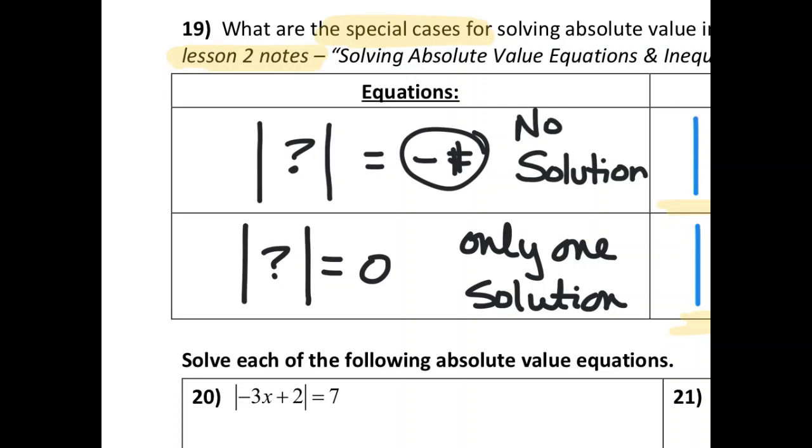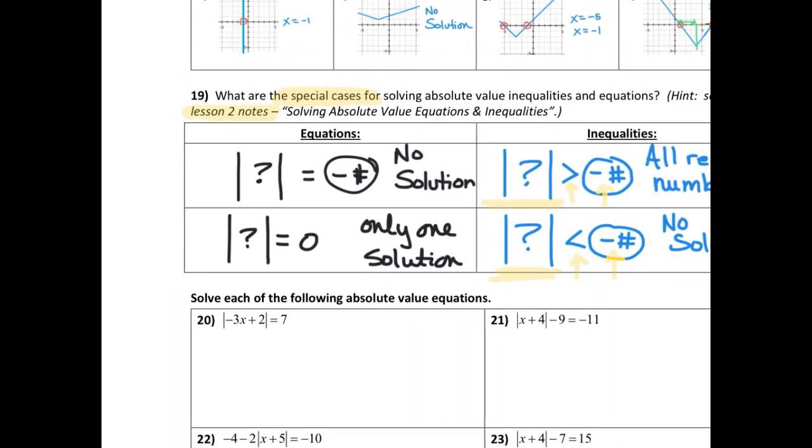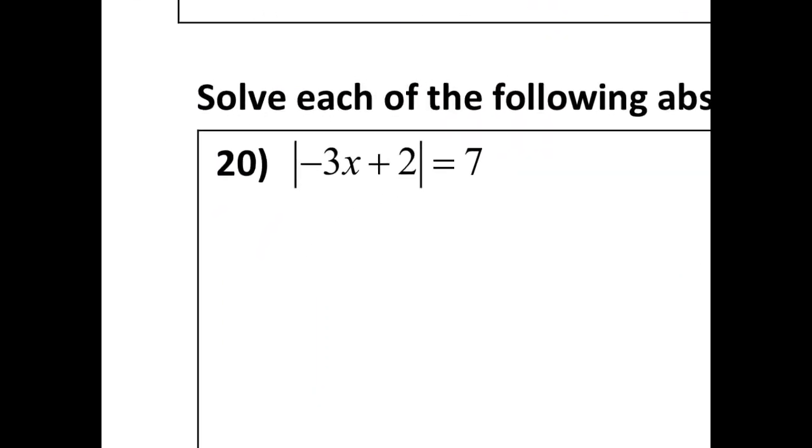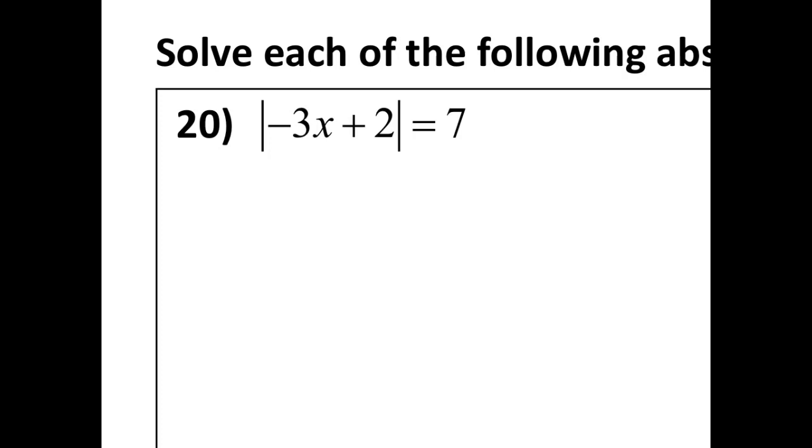So let's practice some examples of equations and inequalities. Remember that your first step of solving any equation or inequality with an absolute value is to get the absolute value isolated. And in number 20, the absolute value is already isolated.